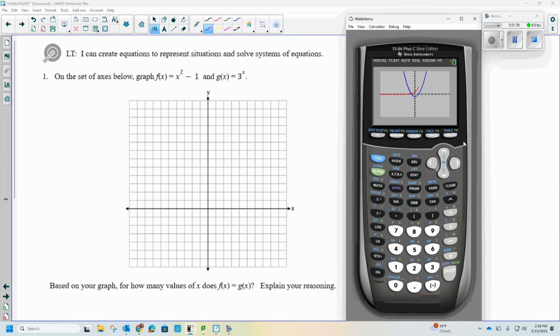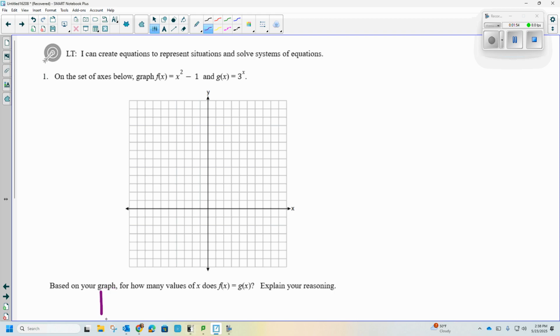So I'm looking at this graph and I'm noticing that they only touch one time right here. Okay, so if you were able to put that into your calculator and you just wrote 1, that is worth 1 point because you were able to identify that they touched once.